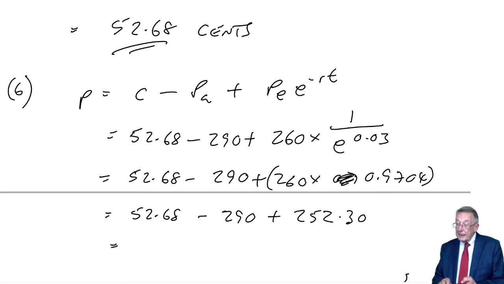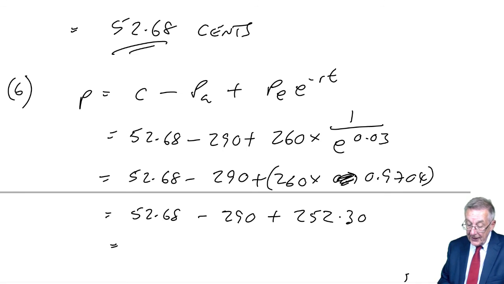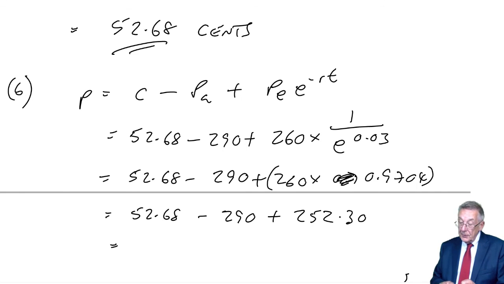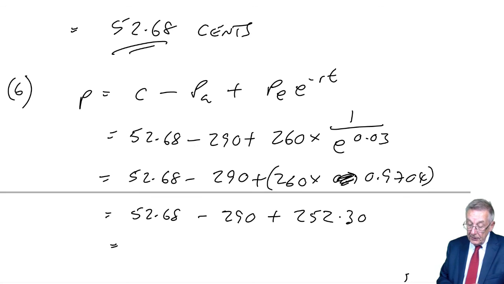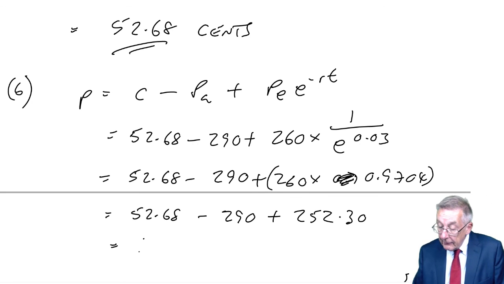So finally, what do I get? 52.68 minus 290 plus 252.3. 14.98 cents.